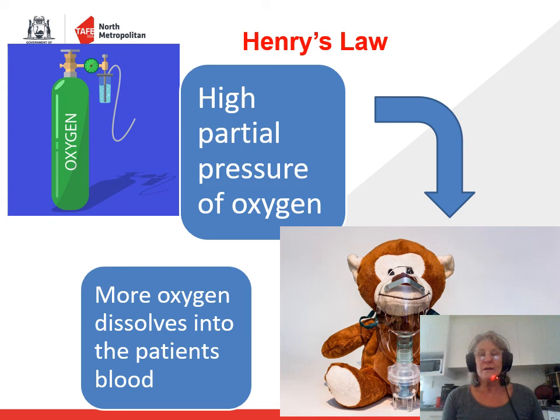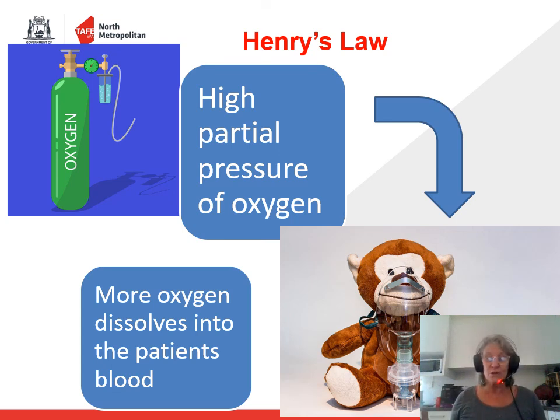Henry's law is one of the laws that we use when we are assisting people with breathing difficulties. We looked at it in med terms: someone can at first breathe okay with real air, and the percentage of oxygen in their blood has to be above 96.